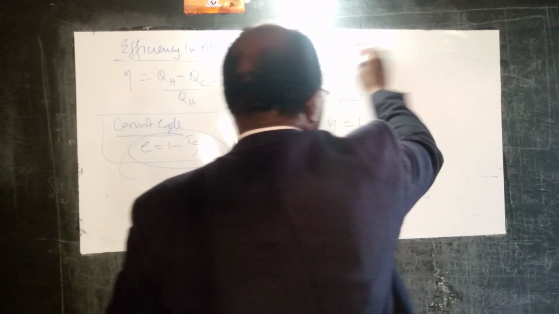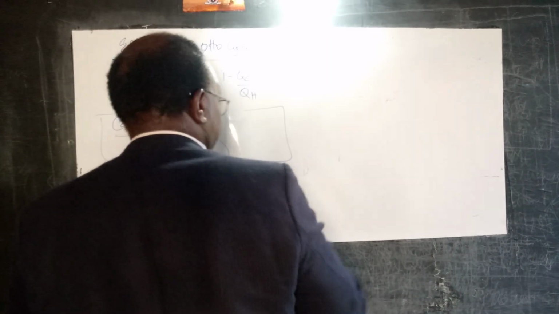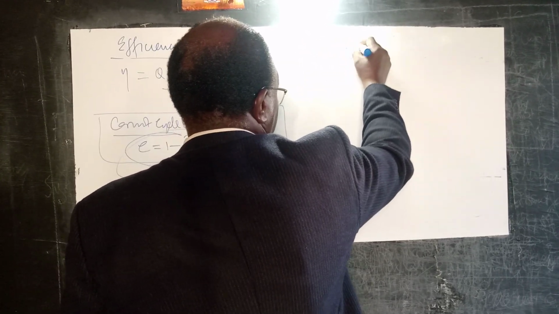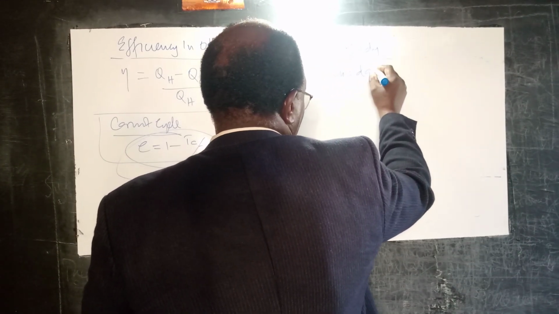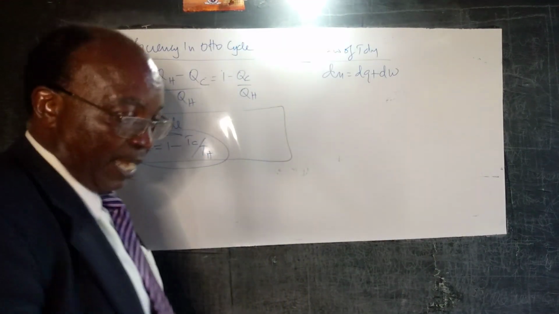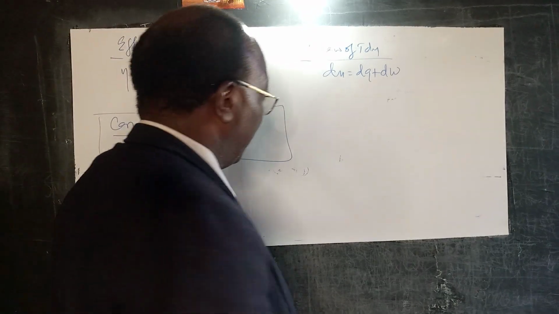But remember that if we know what dU is from the first law of thermodynamics, dU is equal to dQ plus dW.